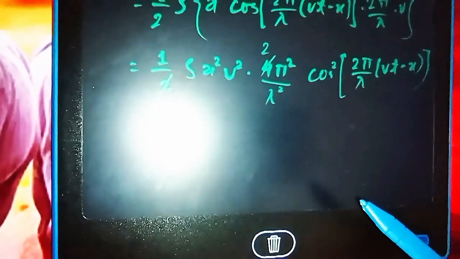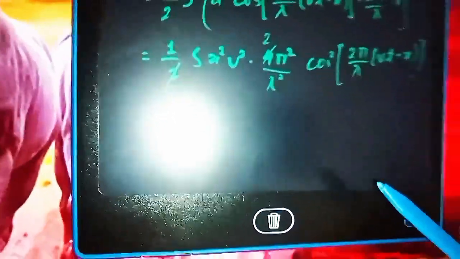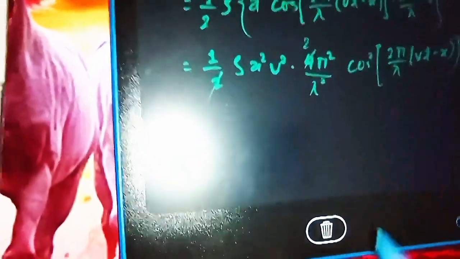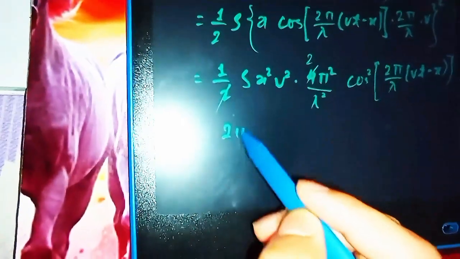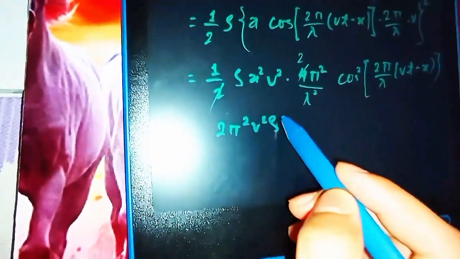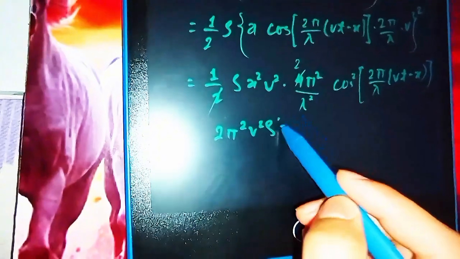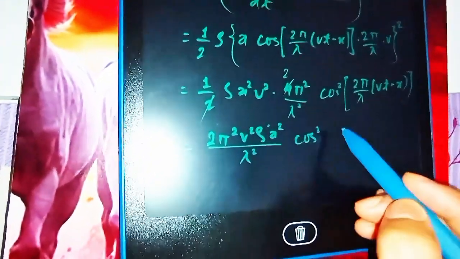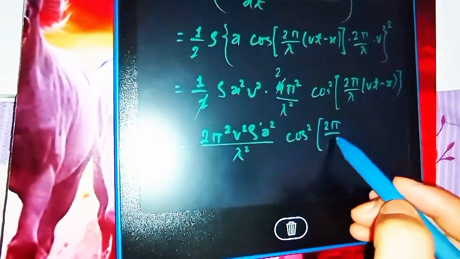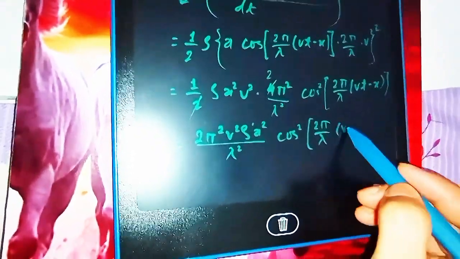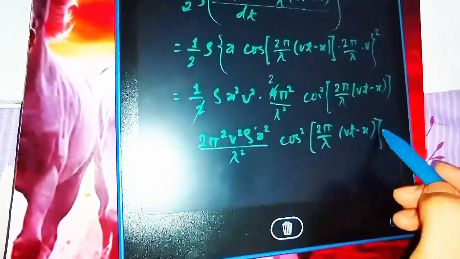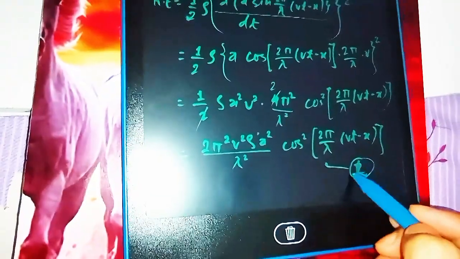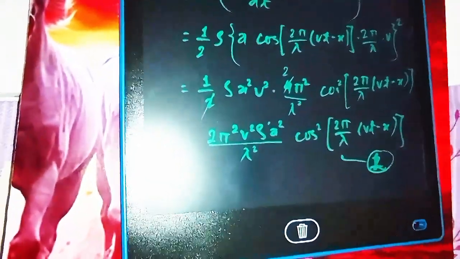So we can write it like this: 2π² v² rho a² upon λ² cos²(2π/λ)(vt − x). Let's say this is equation number 2. Oh no, sorry, 1. We have not made any equation yet, so this is equation number 1.